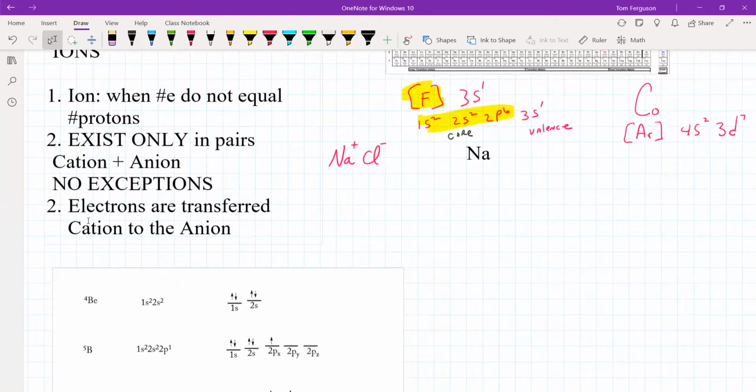Okay, and during that process, the electrons are transferred from the cation to the anion.